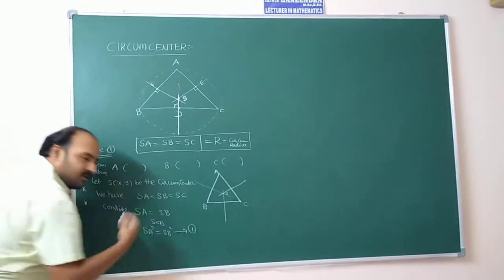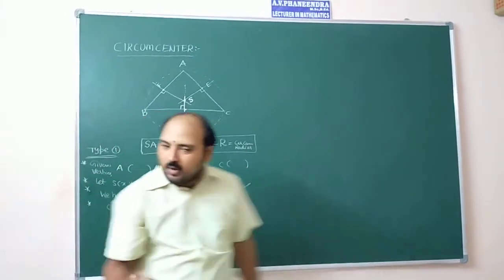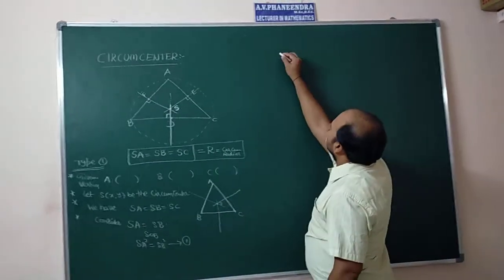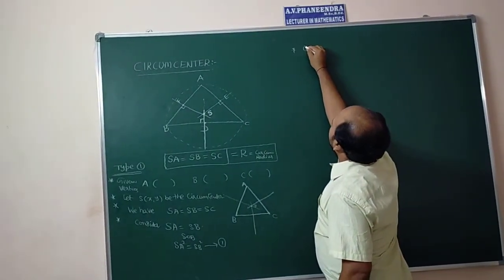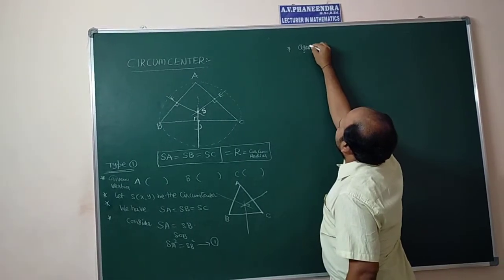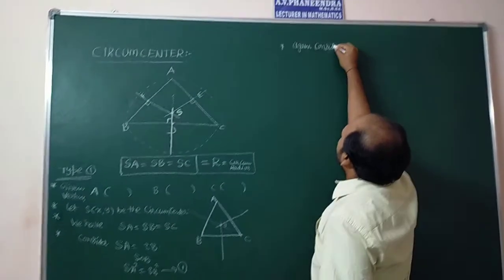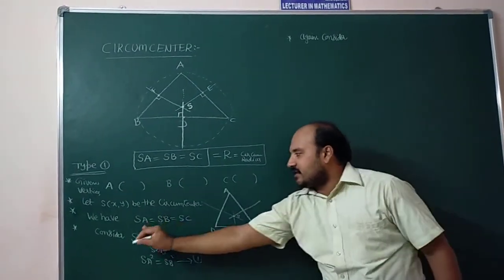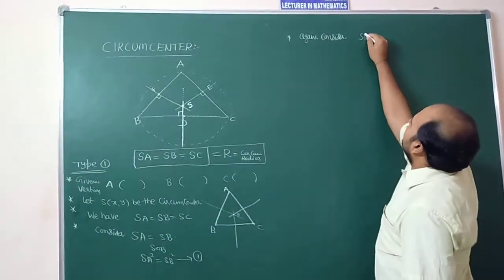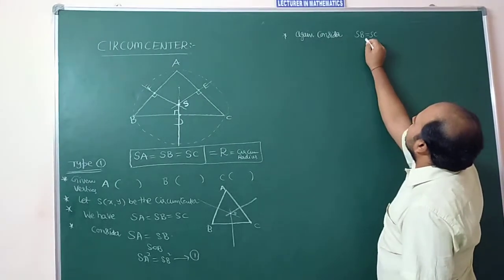You will get one equation. Same procedure you have to follow. Again consider SB is equal to SC or SA is equal to SC. Generally I am taking here SB is equal to SC.